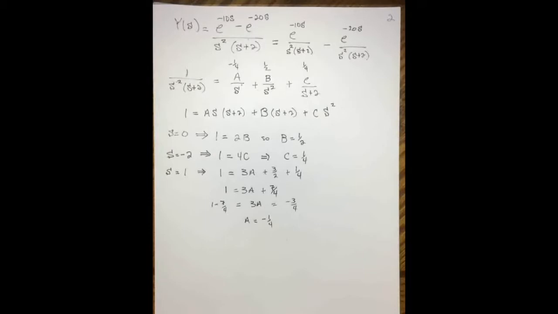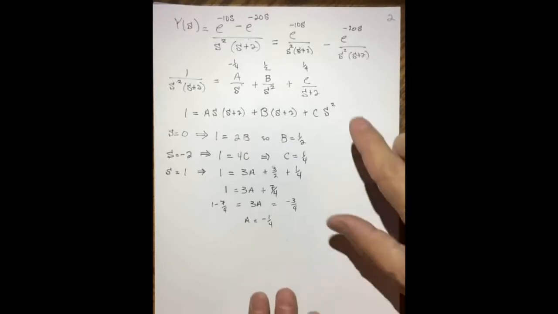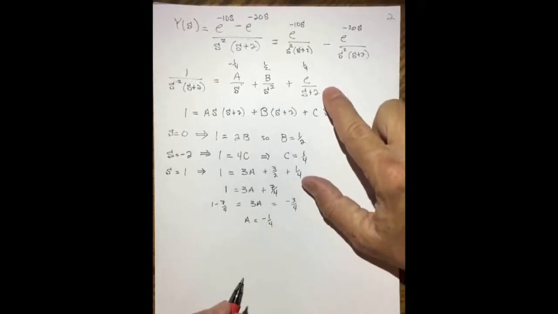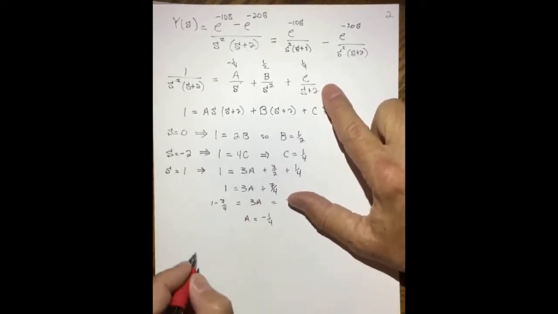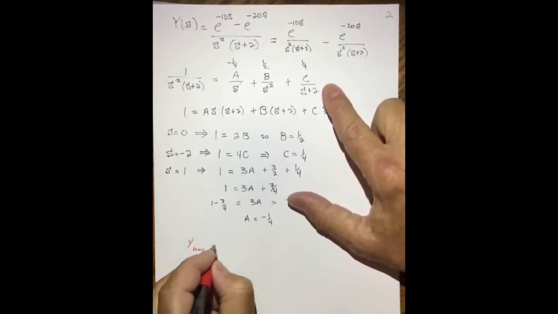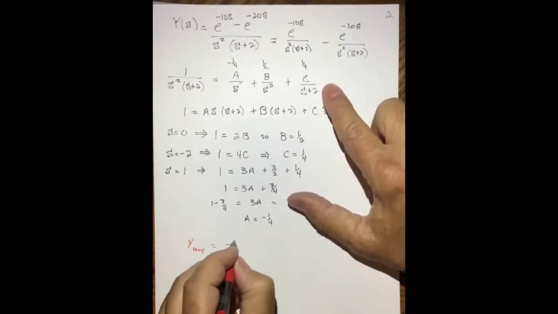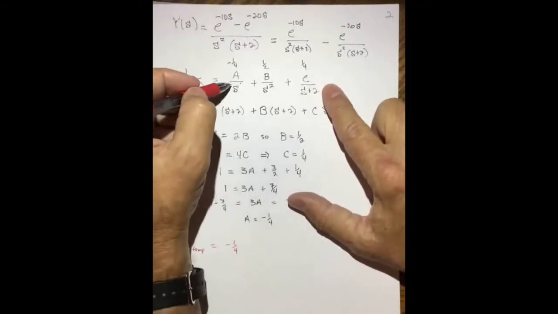Okay, check that out. Make sure you've got that. Now, what would the answer be if there were no step functions involved? If we just looked at this, now I'm going to write this in red. If there were no step functions involved, then y, and I'm going to call it y temp, the temporary answer, would be just negative 1/4, right?